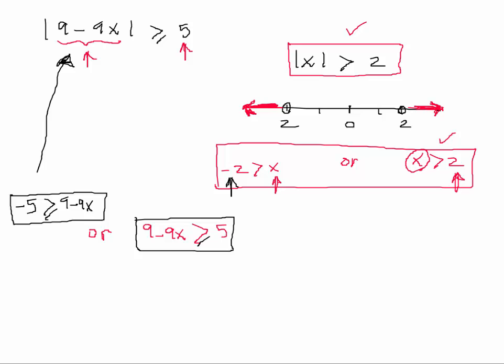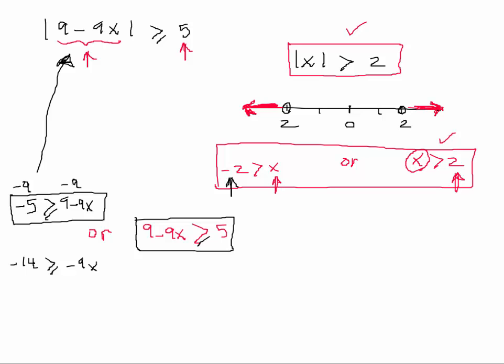So now let's solve this. What we do is we subtract 9 from both sides of the inequality here. So in this case, we get minus 14 here, and we get minus 9x.